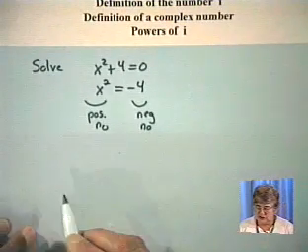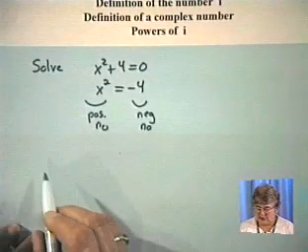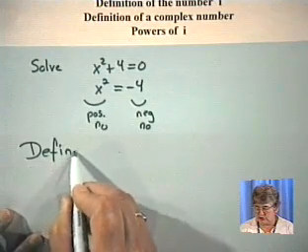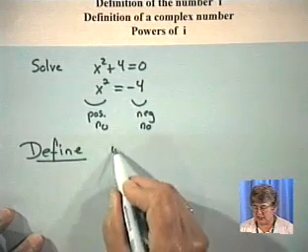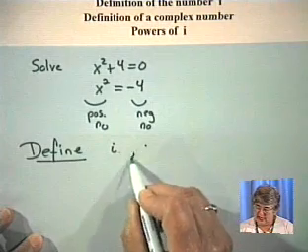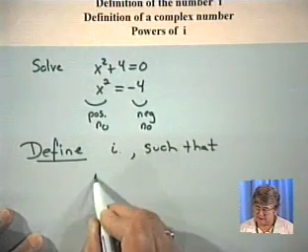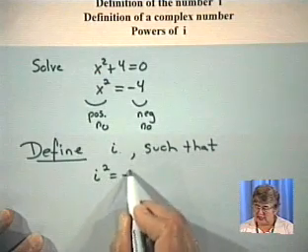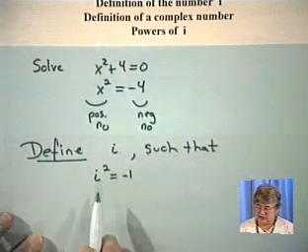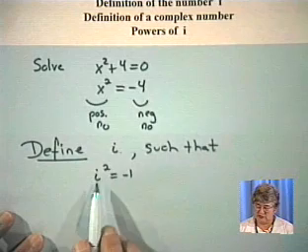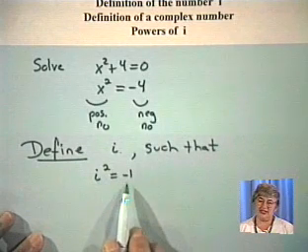We're going to introduce a new number and define i such that if we square i, we will end up with a negative 1. Now you notice that that can't happen in the real numbers because the square of a number is positive. It can't equal a negative.